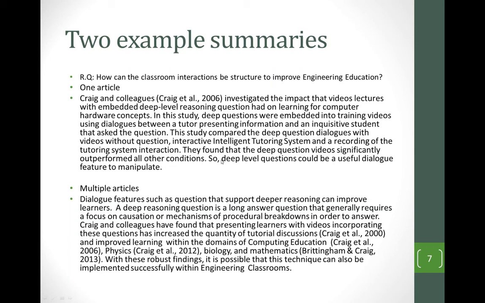And again, at the end, so the deep level reasoning questions, which were the main purpose of this, could be useful. Could be a useful dialogue feature to manipulate. Not just to manipulate within engineering classrooms, to make it even more specific. And notice I actually did say that here at the second one.